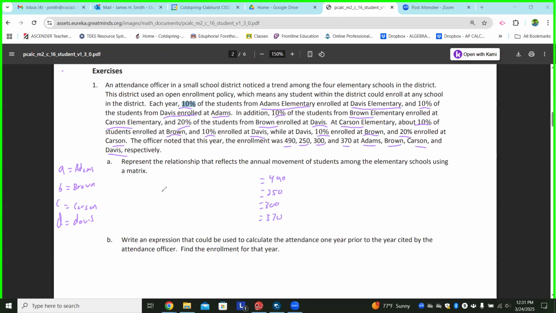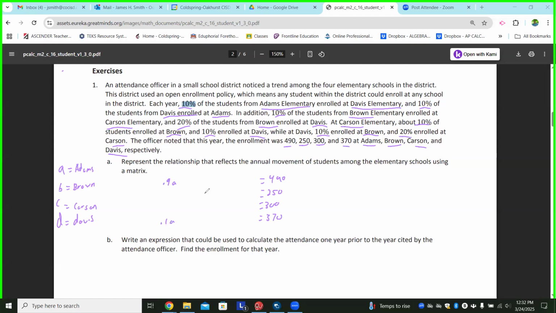So for Adams, I know I have 90% of my kids. And then for Davis, this would be the last one, I think this will be 0.1A. So out of my original Adams Elementary, 90% of them are still in Adams, but now 10% of them have gone to Davis. That's about as far as I can go with that.